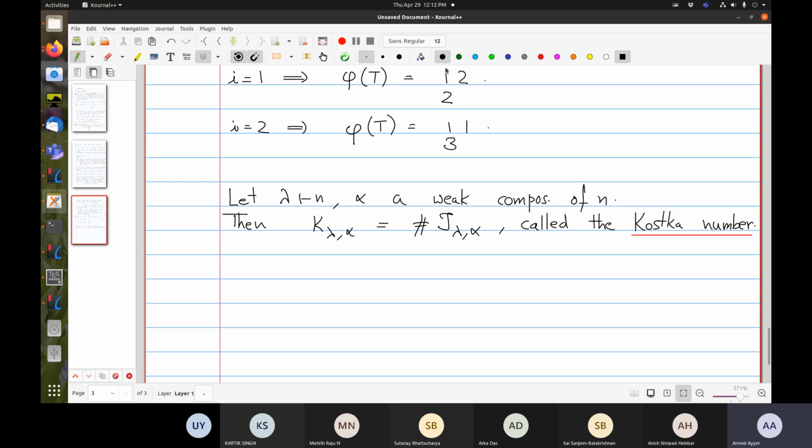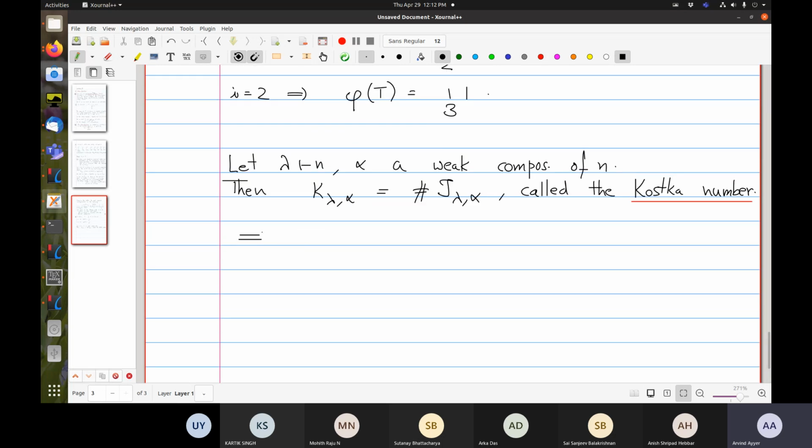And so S lambda is the sum over mu, partitions of n, because this doesn't depend on alpha. I mean, by interchanging alpha i and alpha i plus 1, this cardinality does not change, and so I can rearrange alpha to make it a partition.